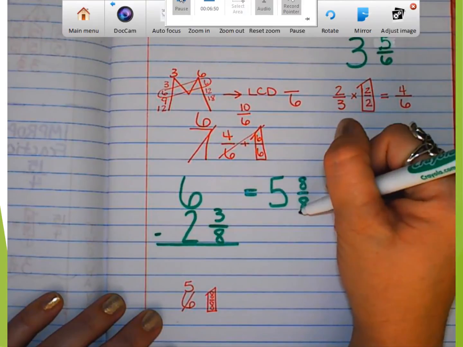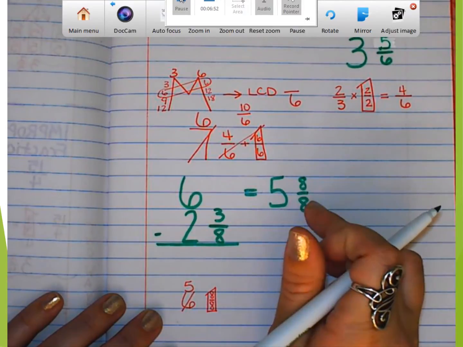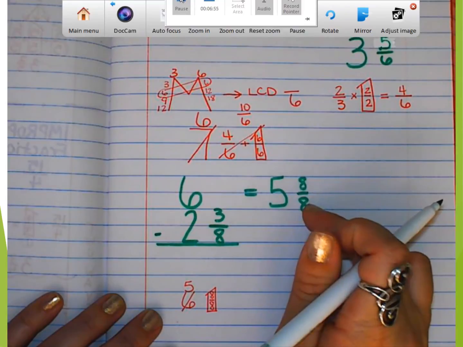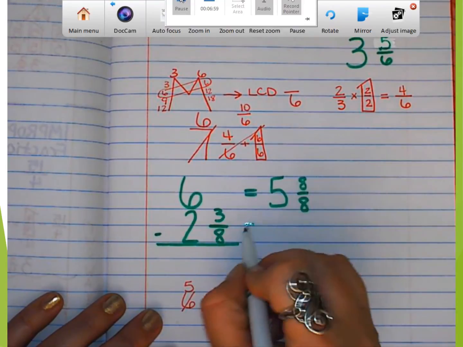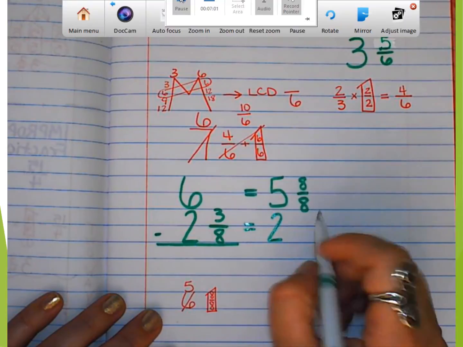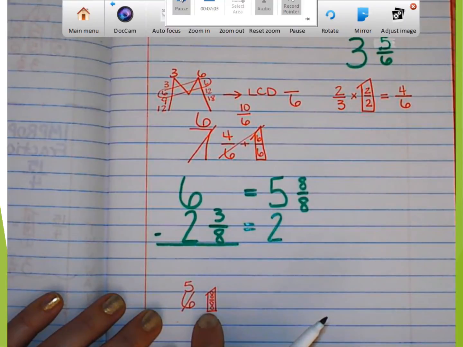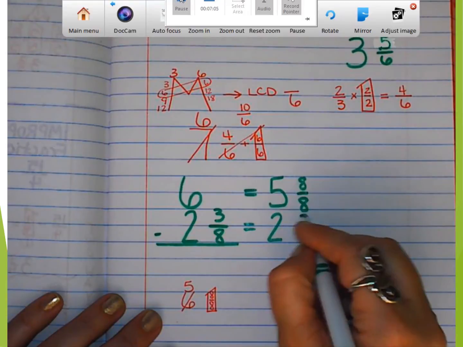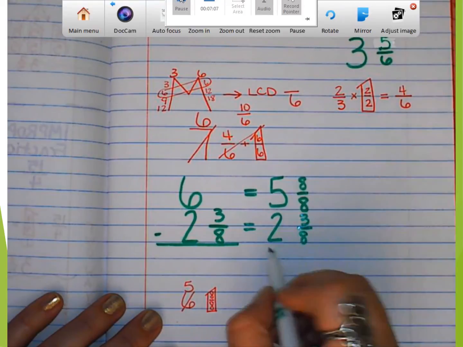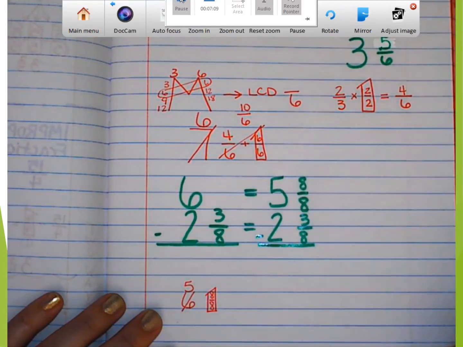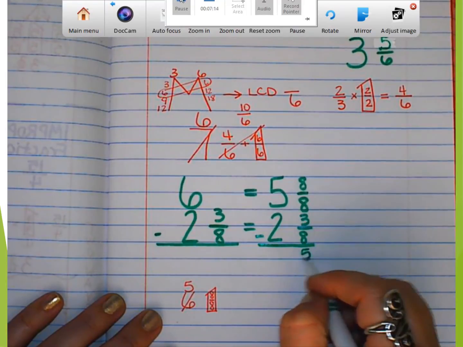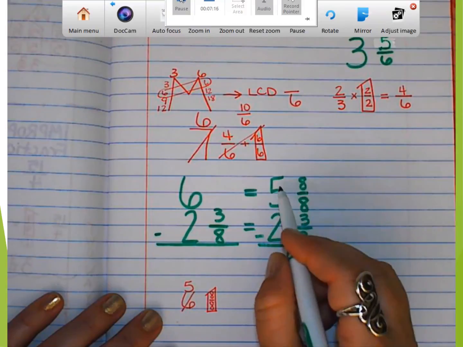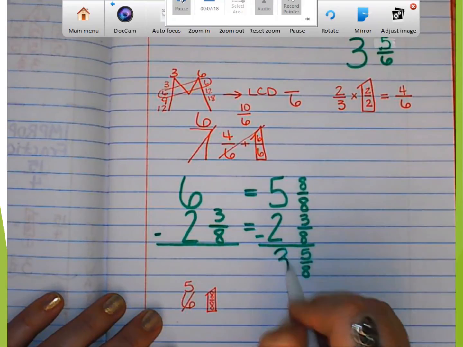This right here is still a whole, so you would have one whole that's represented as a fraction plus 5, so it's still 6. This we don't have to change at all because we were smart when we broke our whole apart and we broke it into 8 equal pieces so that our denominators are equivalent or common. Now we can do 8 minus 3 is 5/8. 5 minus 2 is 3.